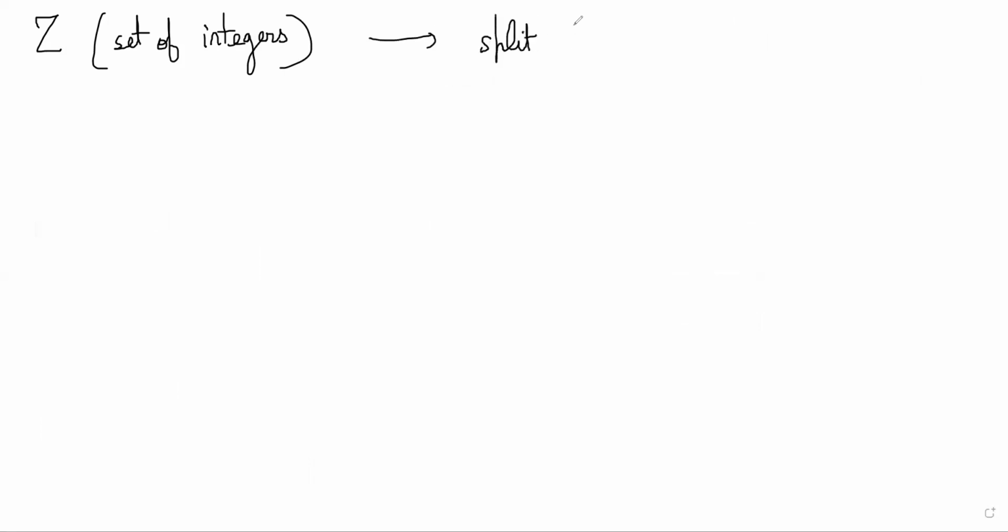Now, what we can say is we can split the set of integers. This is the set of integers. This set of integers can be split into n disjoint sets. What are these n disjoint sets?